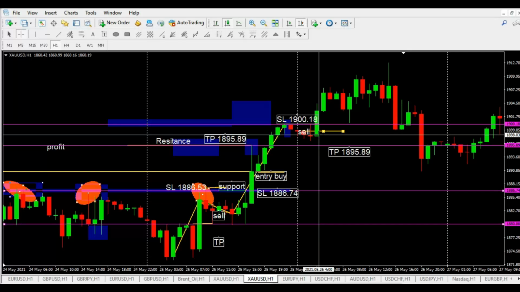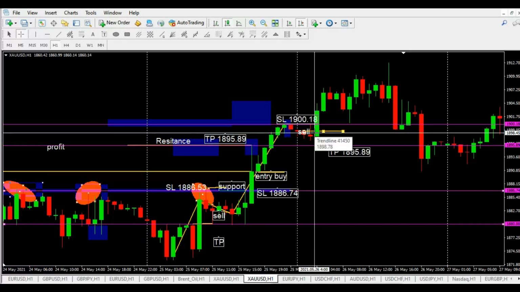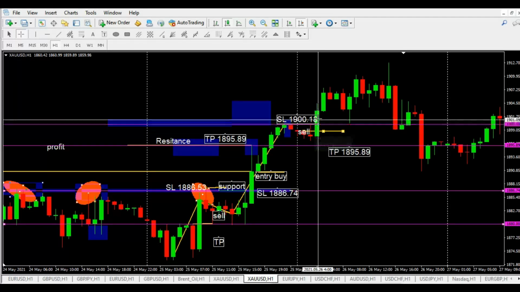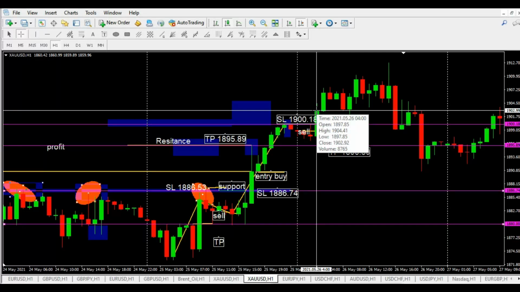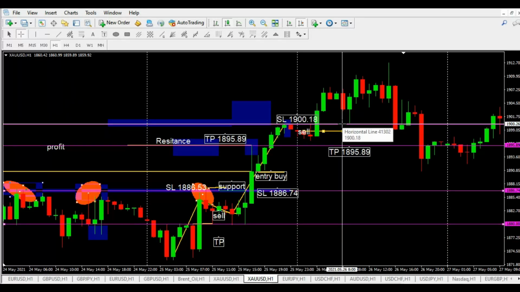One way to do it is to evaluate our position and re-analyze with the latest candlestick position. That is a good trader.